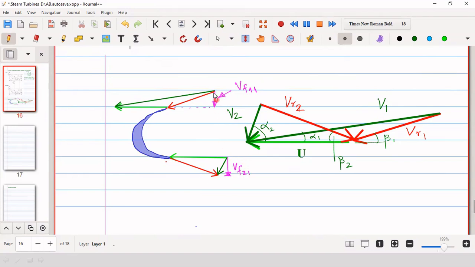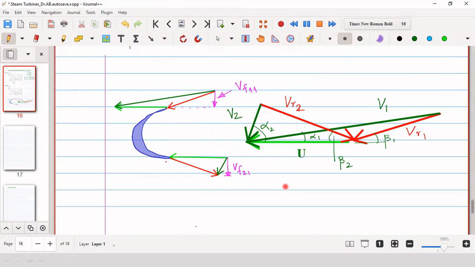Therefore, whatever has been changed, that has been supplied, or that has been acted on the blade wheel. So the remaining is the energy or the velocity with which the steam is leaving. Okay.